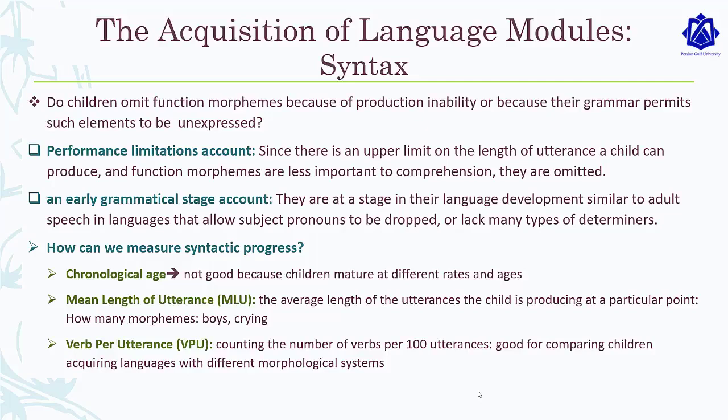So it's as if they go through stages, and at the earlier stages we have languages like Spanish and Italian, and at later stages we have a language like English that requires pronouns to be expressed obligatorily. This is called the early grammatical stage account.